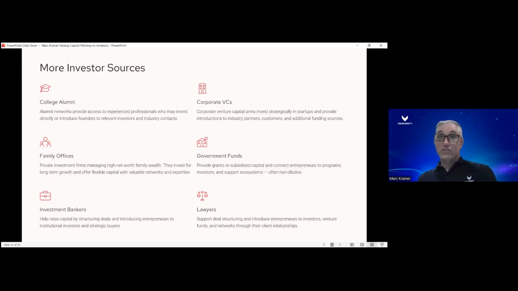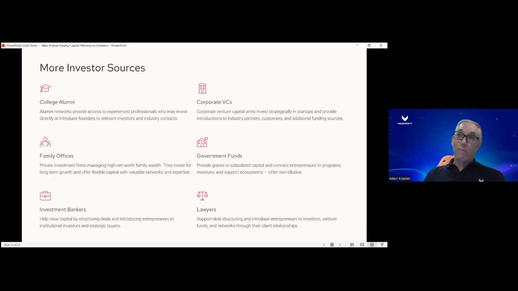Government funds. Shockingly, the CIA has its own venture fund. Many different departments, including some of the groups in the military, have venture funds that, if the technology fits what they're looking for, even if it can be repurposed for other things, they can provide financial support for that.